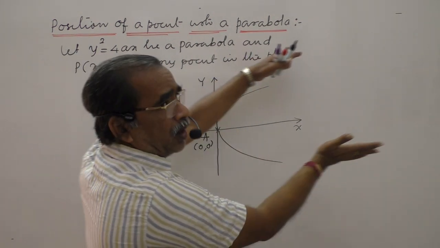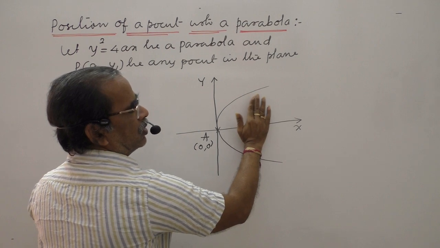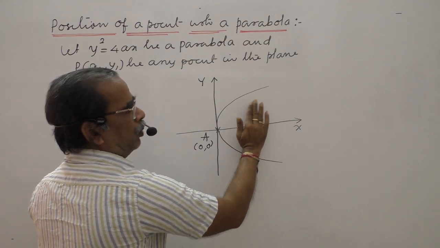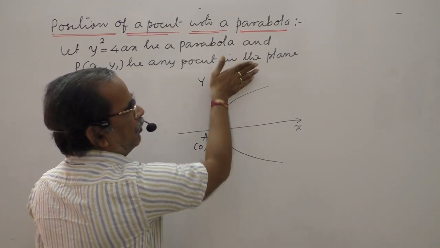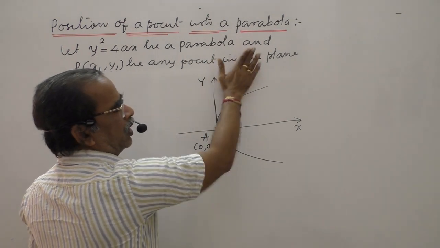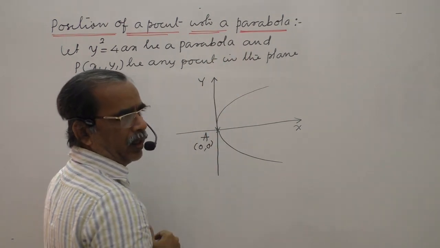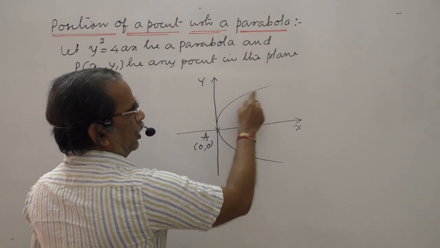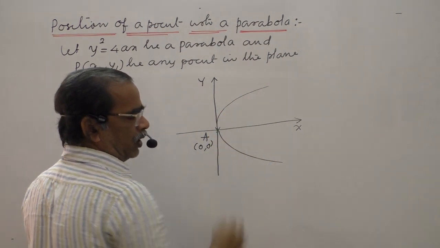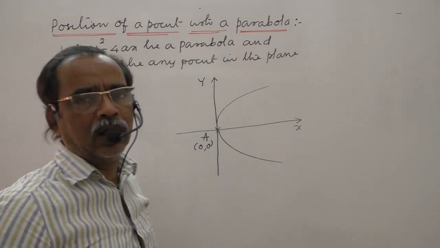It is an open curve. If a point lies here, then the point is said to be an interior point. If it lies outside this, then the point is said to be an exterior point. If the point lies on the curve, then the point is said to be on the curve.